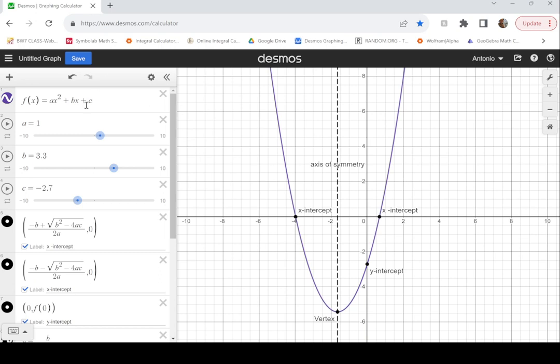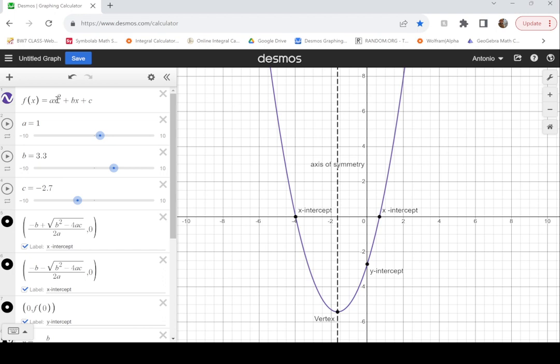Now, in the equation that I have written here, the highest power is squared. So any polynomial with the highest power of 2 is going to have this general shape of graph, where A, B, and C are real numbers. Depending on what they are, that will affect the shape of the graph.